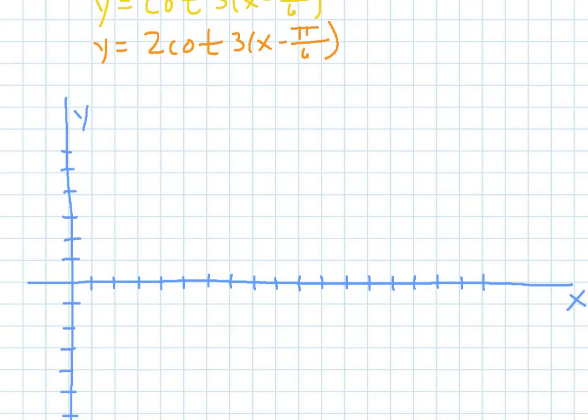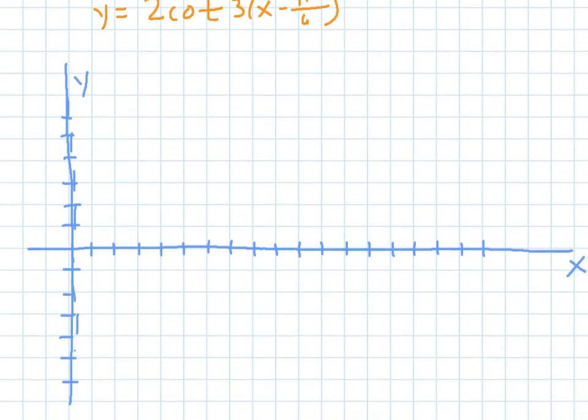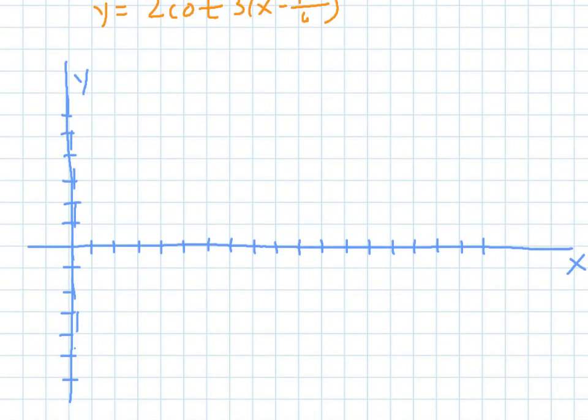So remember, we have asymptotes at 0, and because we want pi over 6, just to be safe, let's go by pi over 12s. So that makes this pi over 4, pi over 3, pi over 2, so that makes that pi.